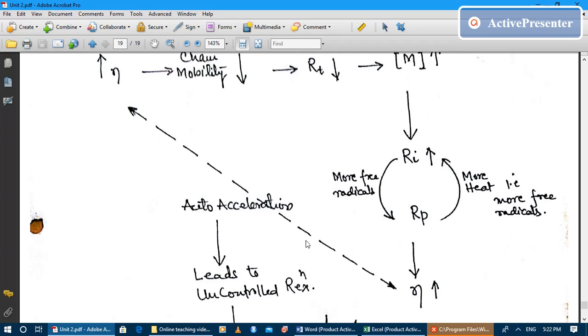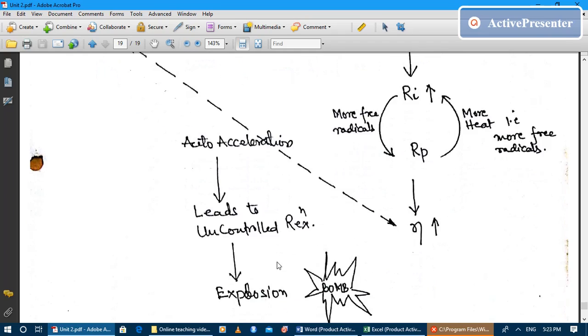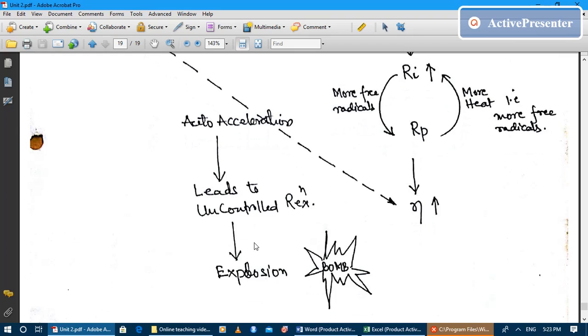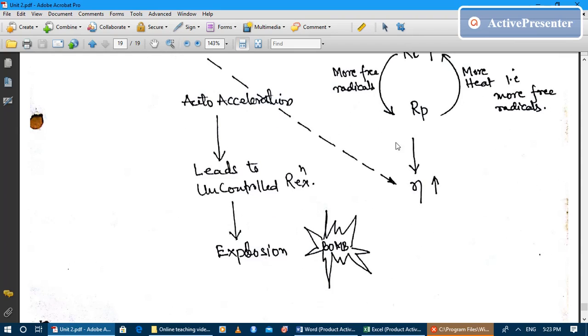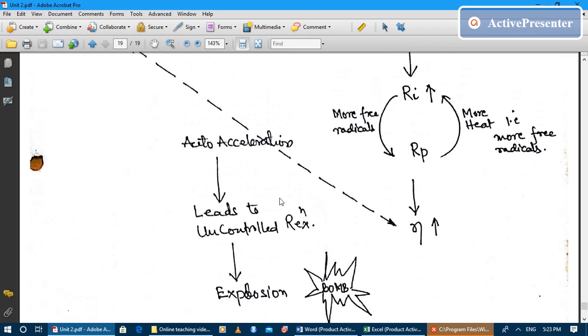This is a condition of auto acceleration, meaning the rate of polymerization reaction will accelerate on its own, and this may lead to uncontrolled polymerization reaction, and sometimes some disaster may also take place because of uncontrolled polymerization reaction, which is exothermic. A lot of heat will be generated.